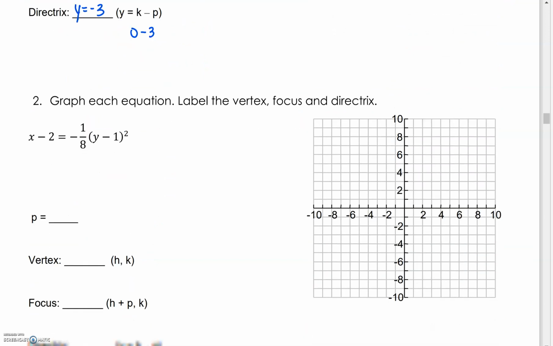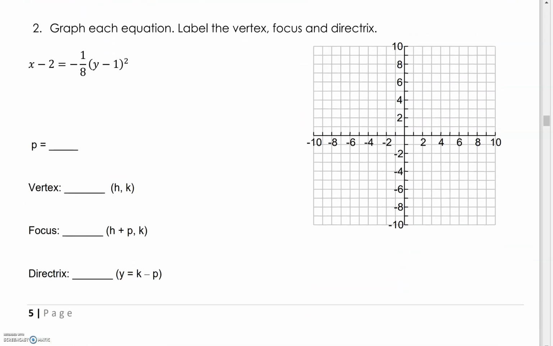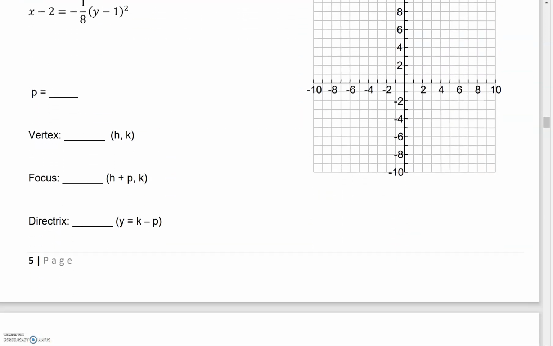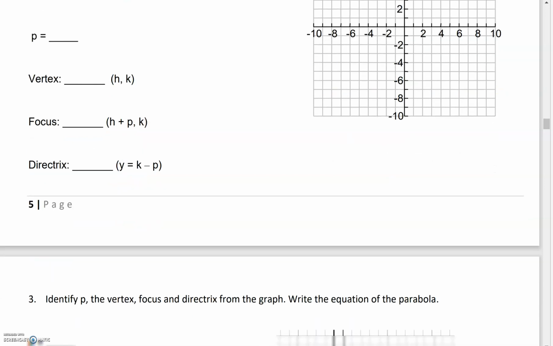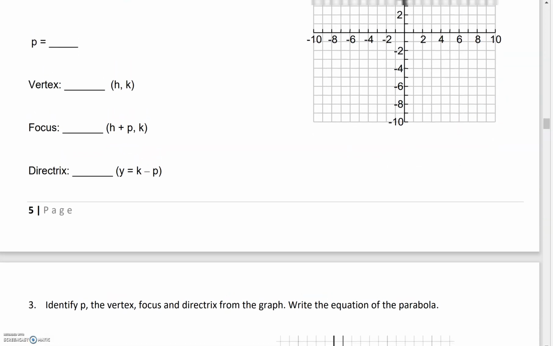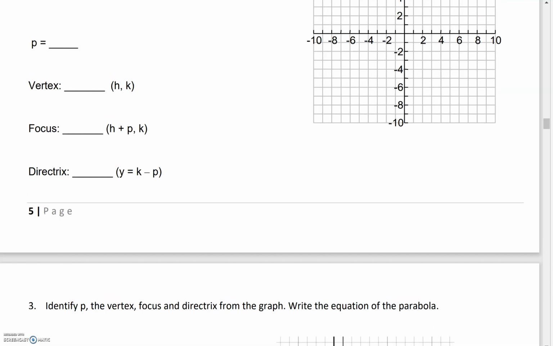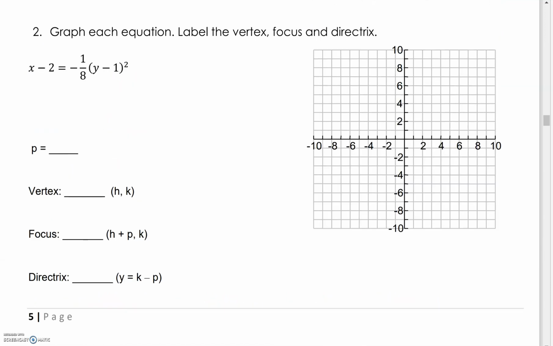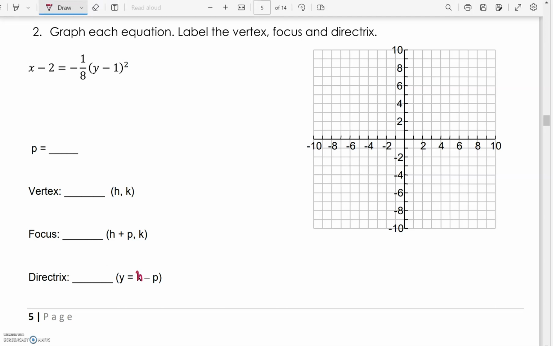All right, so on this one we do need to fix our stuff here, because this is a horizontal, or no, I think this one is almost correct. Got one little correction we'll have to make there. I think I tried to fix it because I think it's wrong on your notes, so just pay attention to that. But this should be an h minus p, and then this is (h, k), this is (h plus p, k) for our focus.